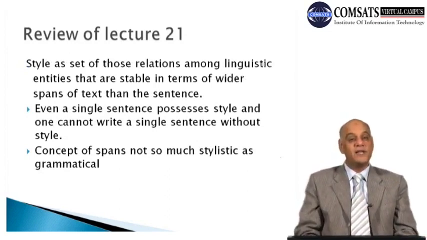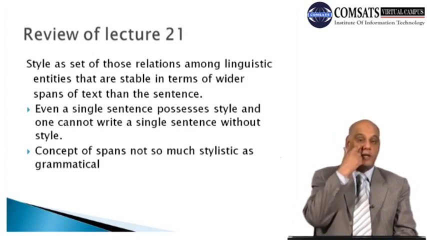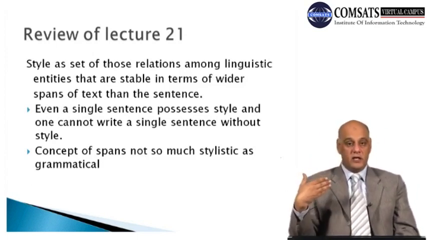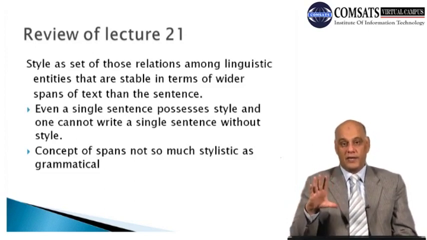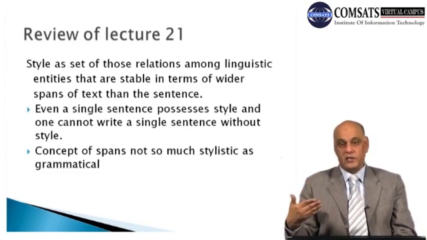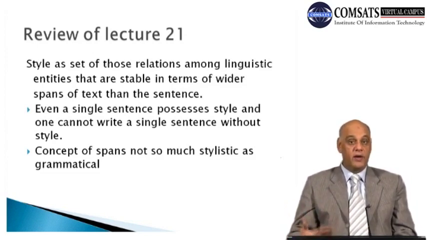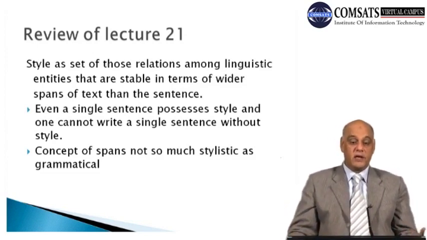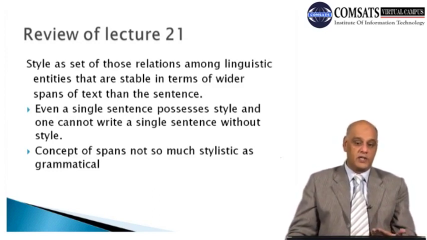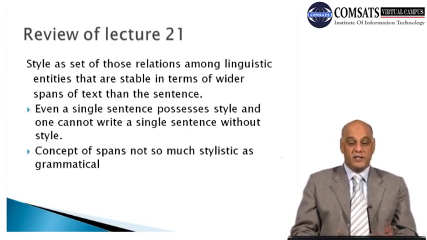Then we talked about the next definition, which said that style is a set of relations among linguistic entities that are stable in terms of wider spans of text than a sentence. This means that when you have longer text, you see particular features being repeated, with consistency and repetition of certain devices, so we say they are stable.